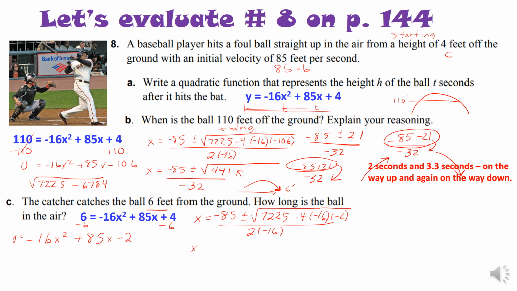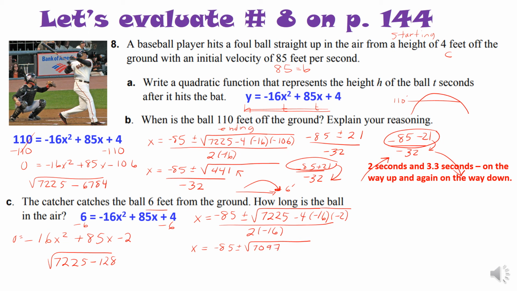Okay, so we get x equals negative 85 plus or minus the square root, and I'm going to do that over here again. So we get 7,225 minus 128. So we get 7,097.